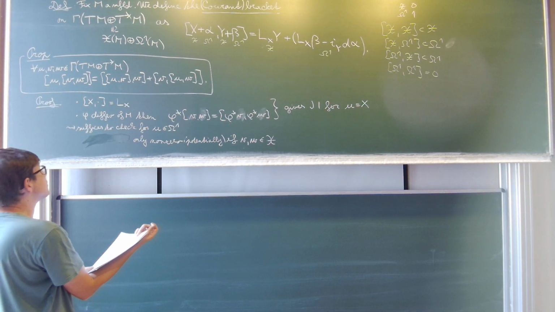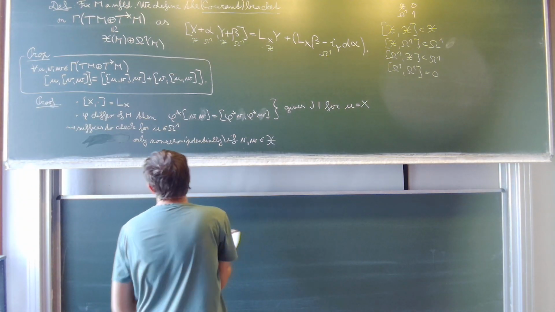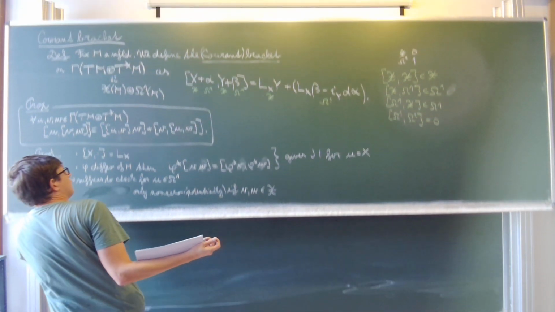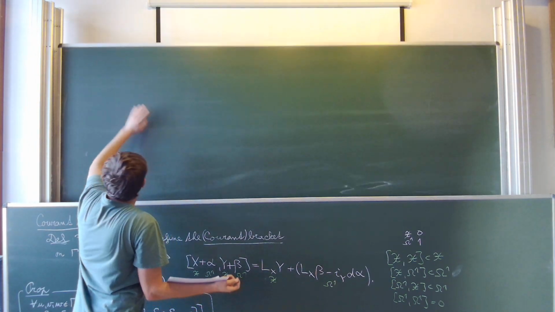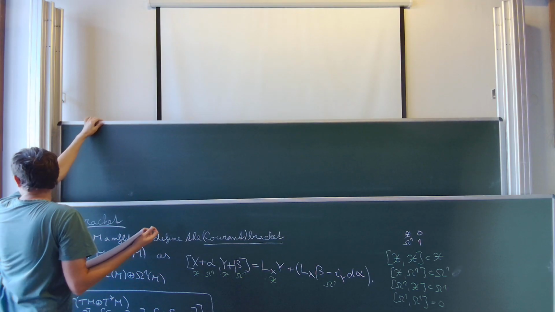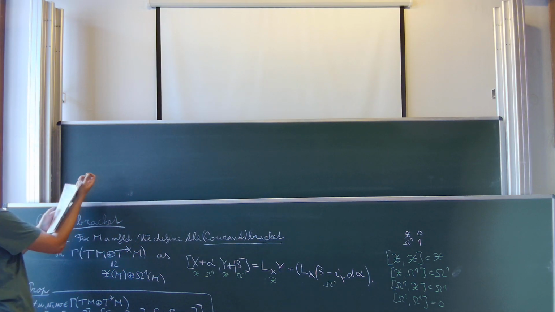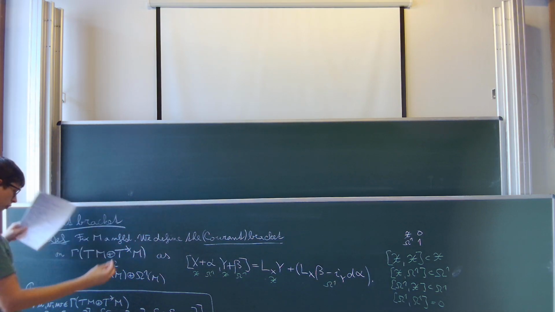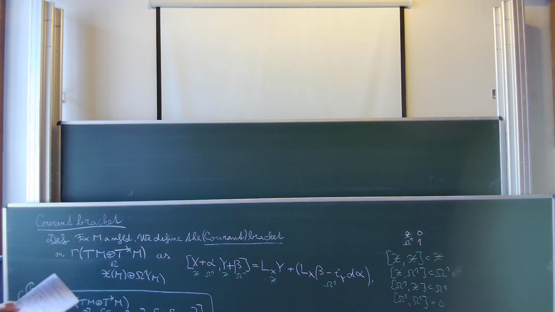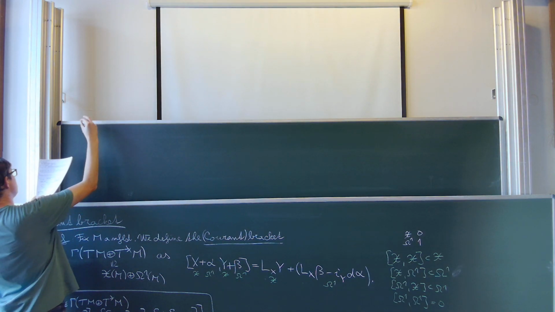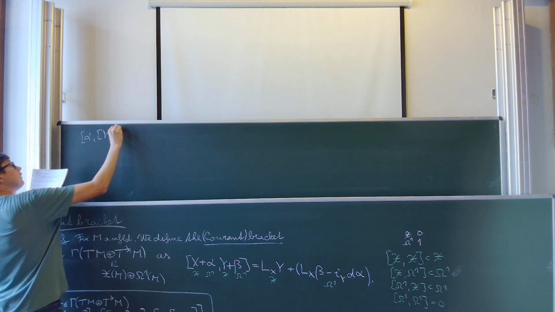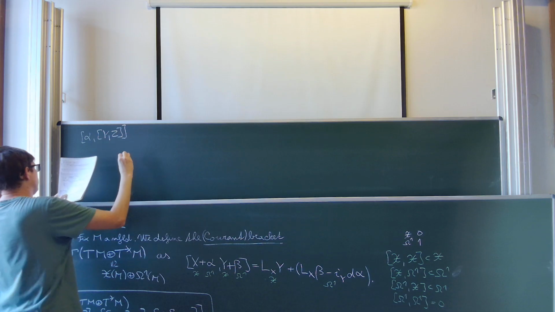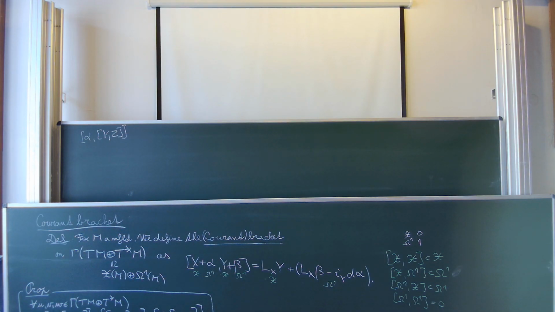So let's do that in a new board. Okay, so first one is that U is a one form and the rest are vector fields. So let's call them alpha, Y and Z, respecting some sort of progression of letters. Now let me put both of them on one side.